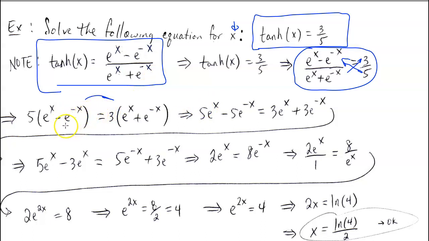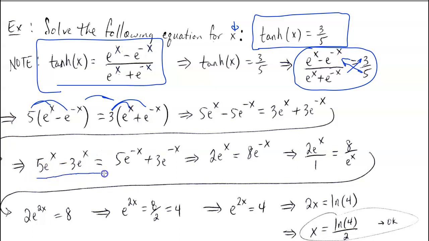Once we have that, you see here I'm distributing the 5 to both terms on the left side, and distributing 3 to both terms on the right side. Then I'm situating everything so that all terms with e raised to the x are on one side and all terms with e raised to the minus x are on the other.